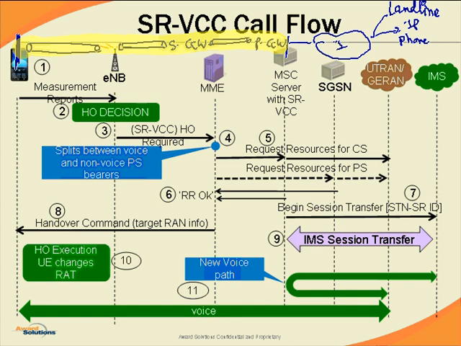Another question is, after handover, voice would be handled by the MSC. What is the role of IMS after handover? Oh, okay. So IMS is just helping us move the session from the IP domain to the CS domain, and in future vice versa.